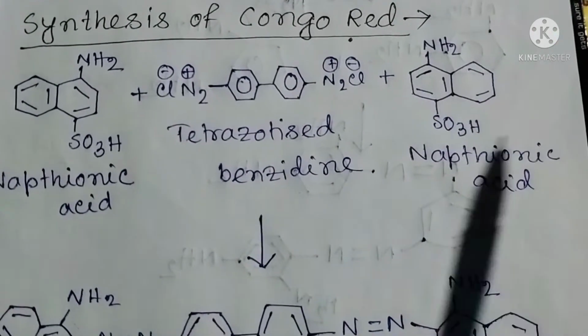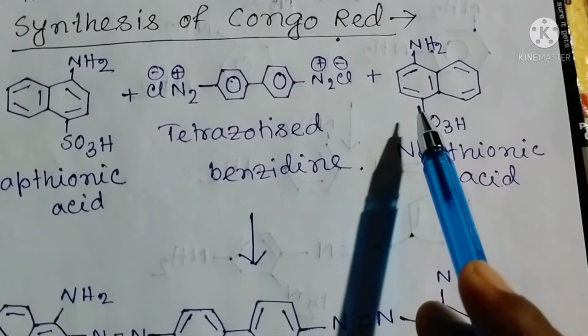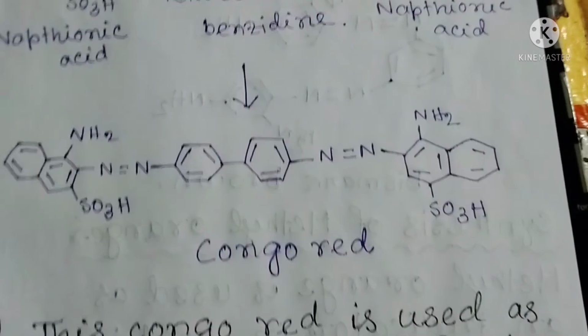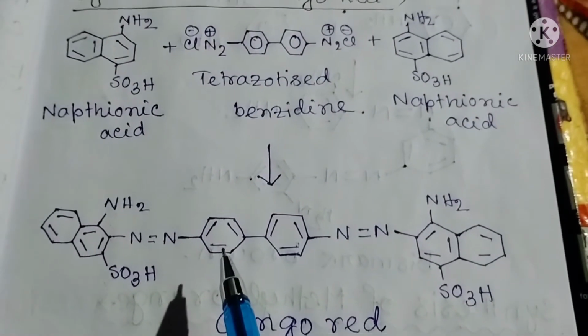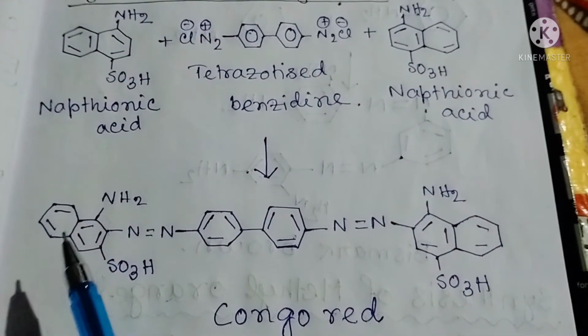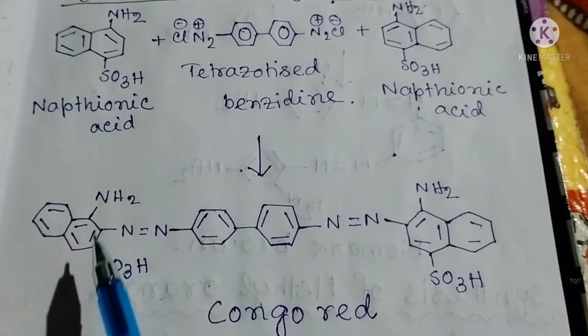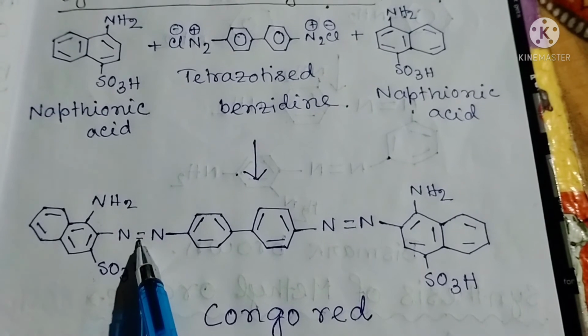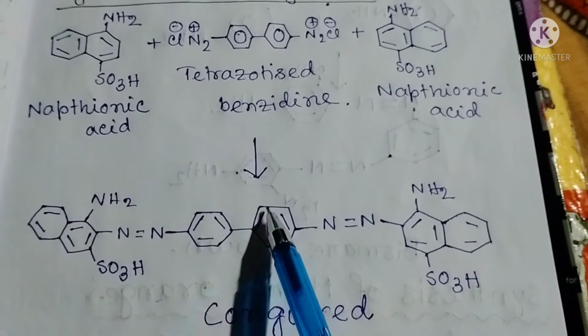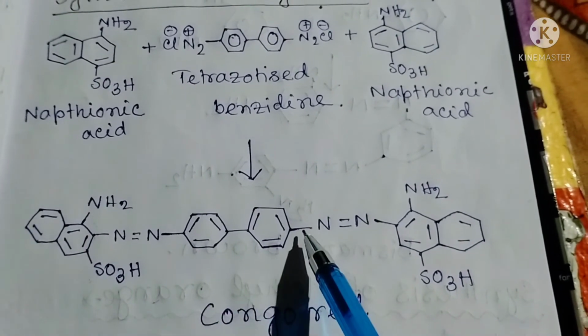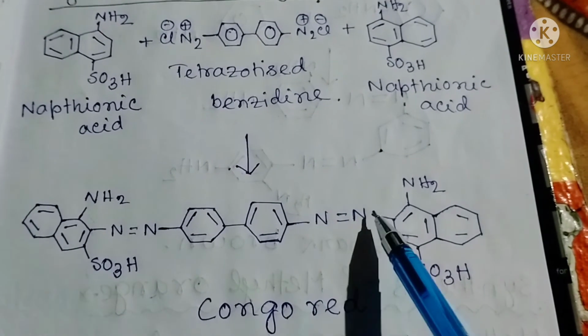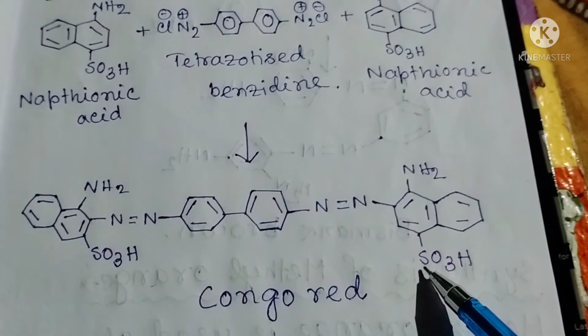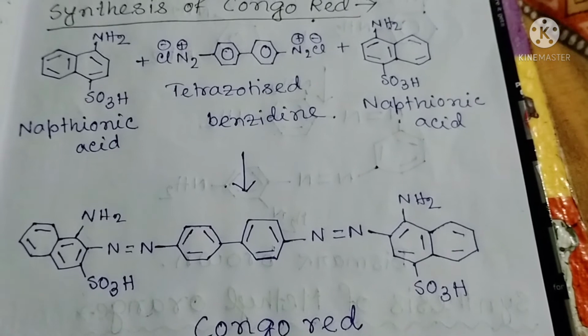Now, if these three react, then we get Congo red, and this is the structure of Congo red. Here the naphthionic acid. Now here a nitrogen is added, double bond N. Here these two benzene rings. Here a nitrogen, double bond N. Here the naphthionic acid. This is the structure of Congo red.